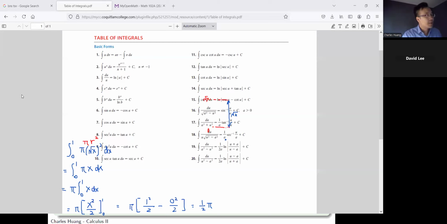The rule we're using is this one, where the power increases by 1. So it goes from power of 1 to power of 2, and we divide by the new power. So that's this question.